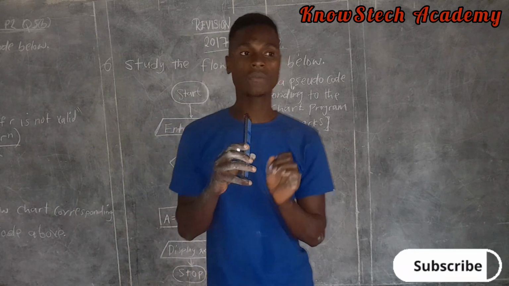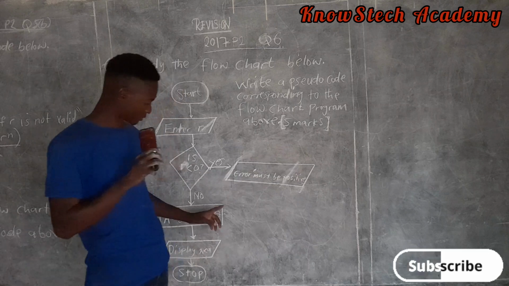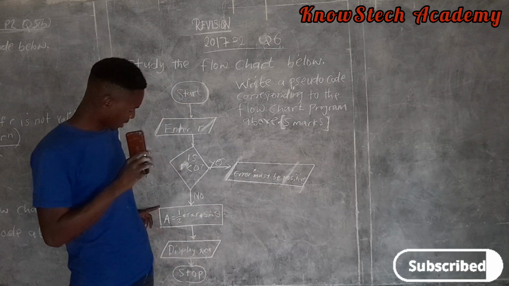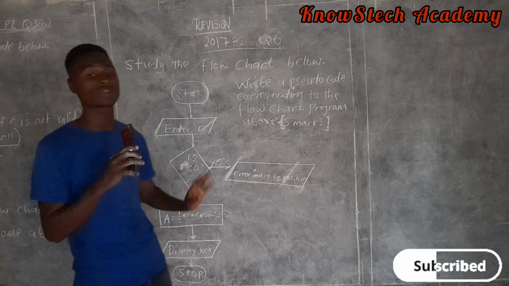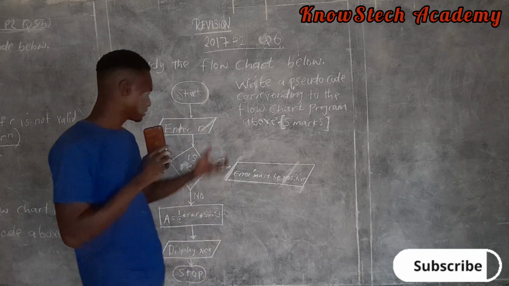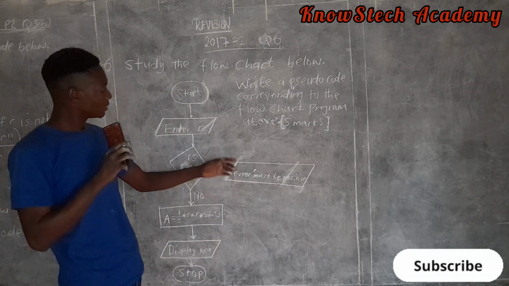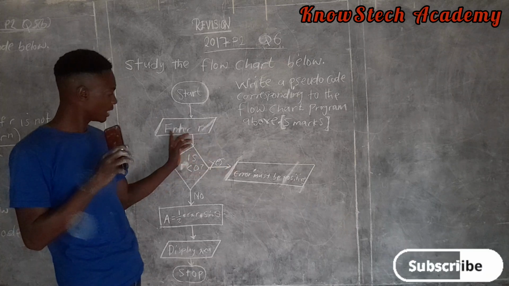A rectangle shape is used for calculations or action box. For calculations, that's where you put your formula in. All right. That's it. So display, remember display or enter, we use a parallelogram.